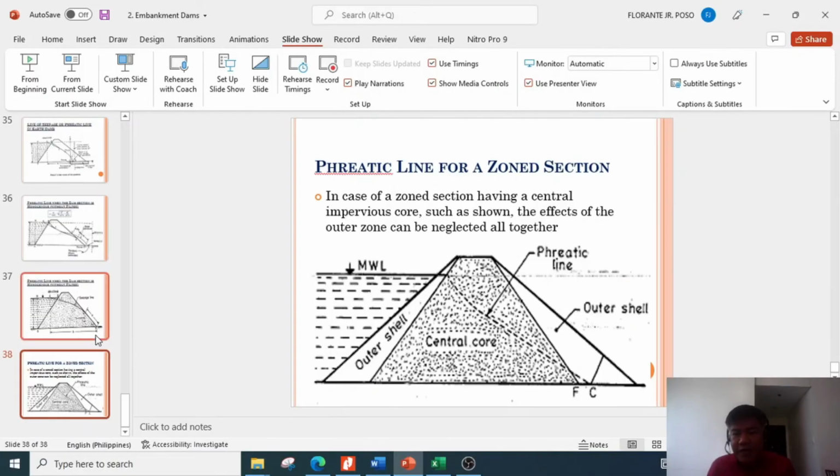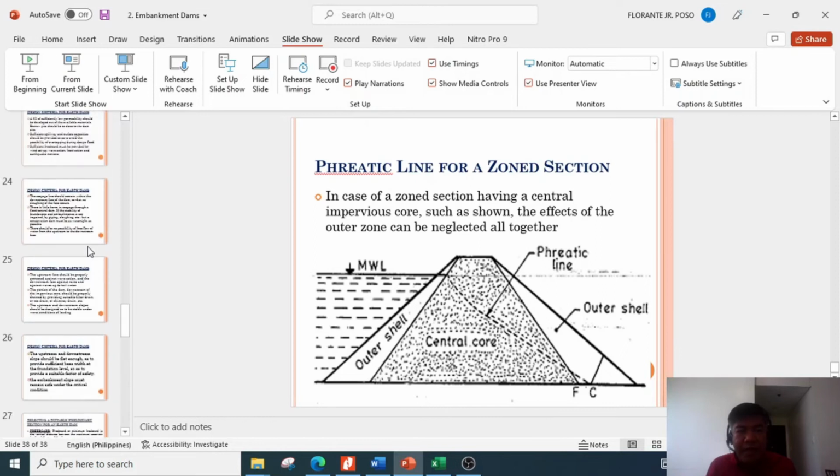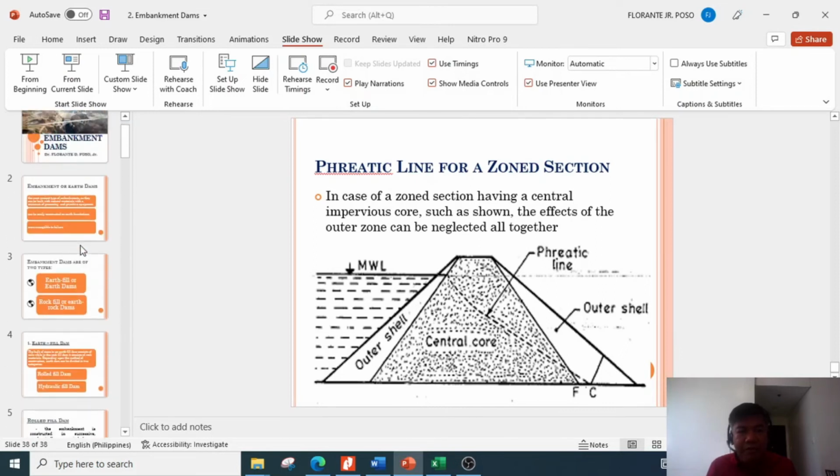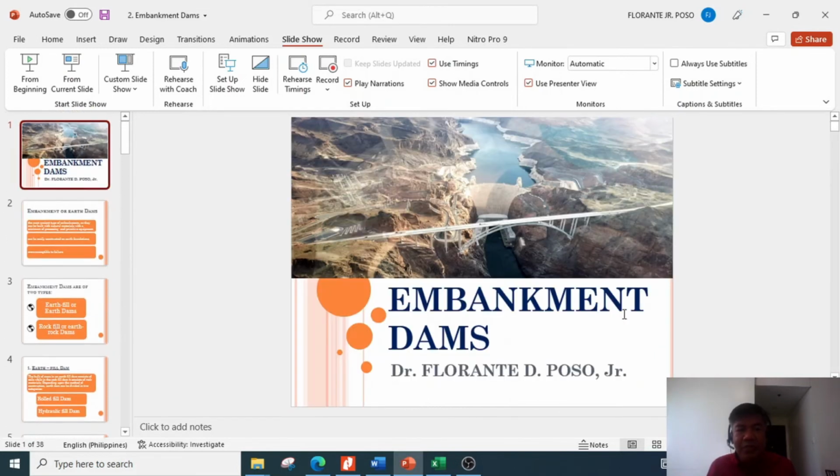So I think that's it for this part in terms of analyzing embankment dams. I hope you had learned a lot on the differences of the types of embankment dams, the earth fill and the rock fill, and some of its failures.